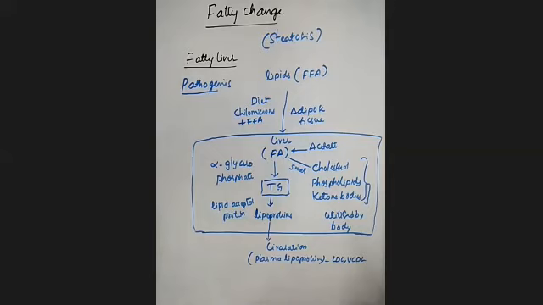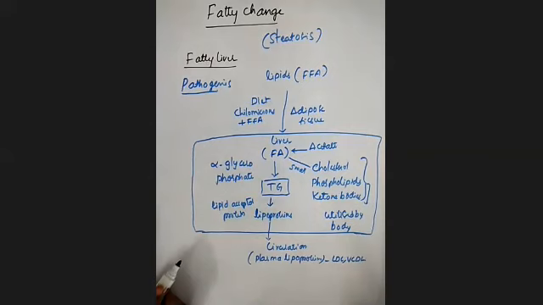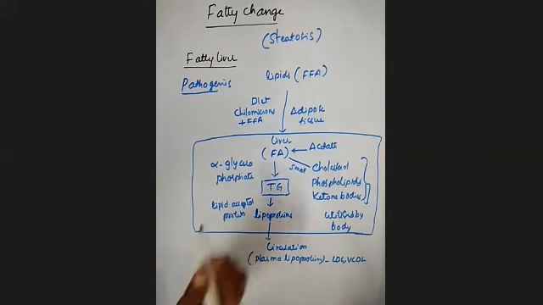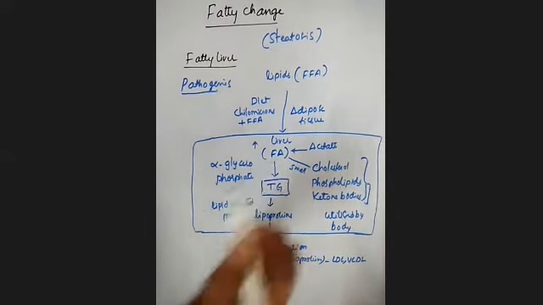Clear? I told you there is an intracellular accumulation of triglycerides. In case of the fatty liver, we'll see the different reasons for how there will be accumulation of these triglycerides. Suppose there is an increased entry of fatty acids. Clear?